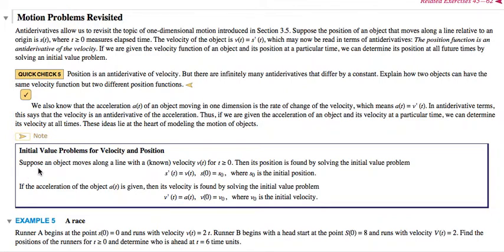So if we suppose that an object moves along a line with a known velocity given by v of t for some time greater than 0, then its position can be found by solving the initial value problem: s prime of t equals v of t, given s sub 0, which is the initial position, for time 0 in the position function. And we can do a similar thing with acceleration.